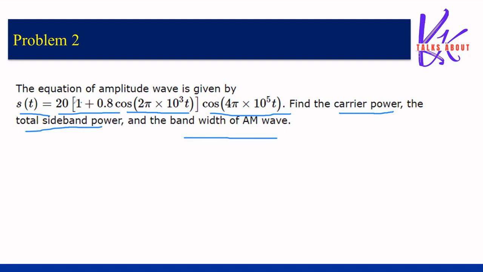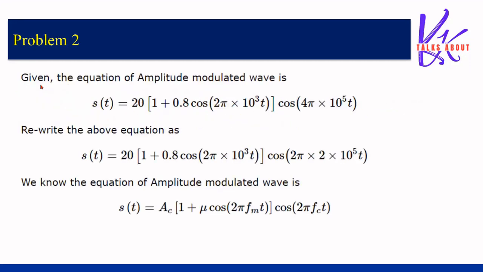Now, from the given equation, what are the things we can take into consideration? We are going to compare the given equation with the standard equation of S of t. When I compare, I will get the Ac value, the modulation index value, the frequency of your message signal and the frequency of your carrier signal.